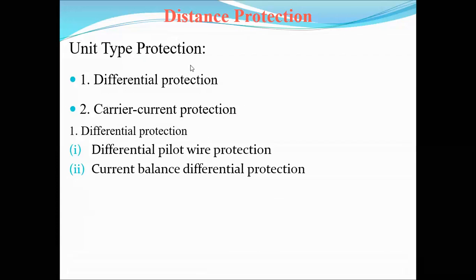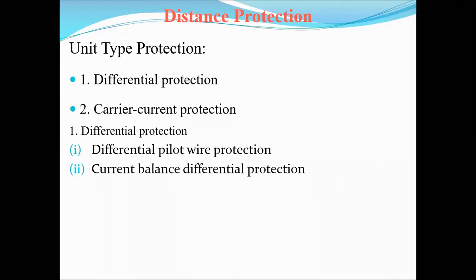Okay, what is the main drawback of differential protection? The main drawback of differential protection is only the distance. The length of the feeder line is large, and that's why it is not suitable for the protection of feeder lines.